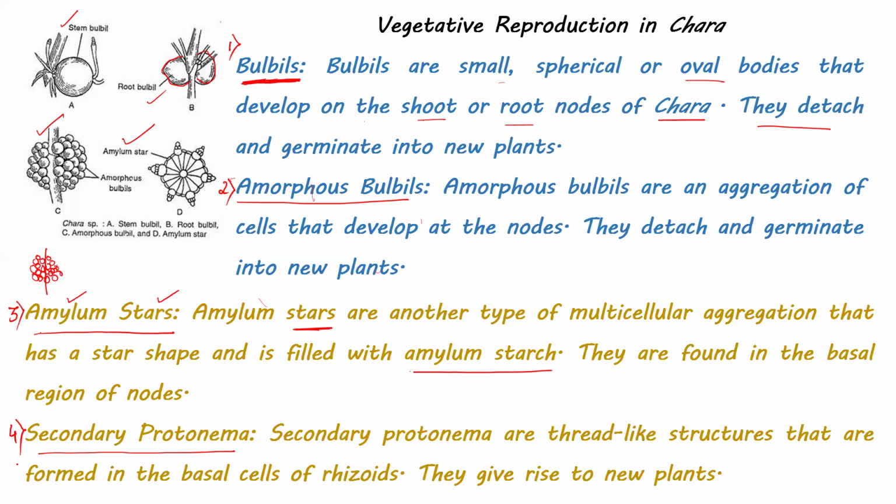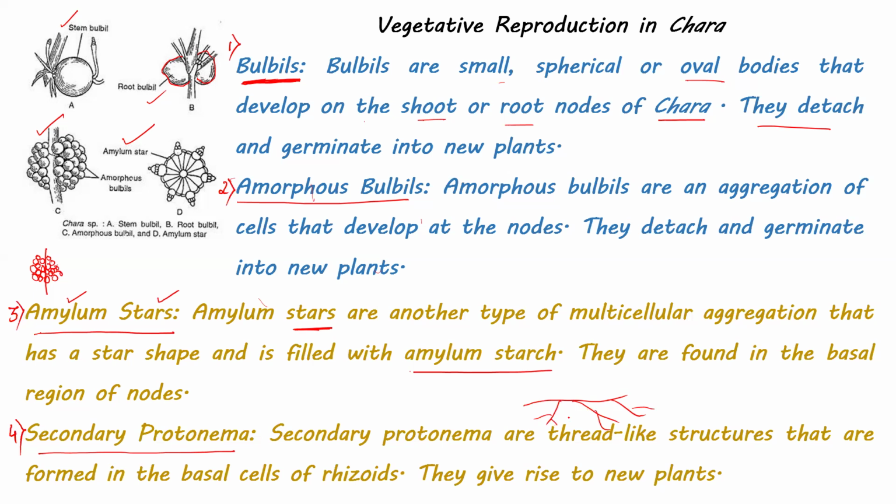Therefore, all these come under the category of vegetative reproduction. Secondary protonema look like thread-like structures, like this. When they get detached, they give rise to new plants.